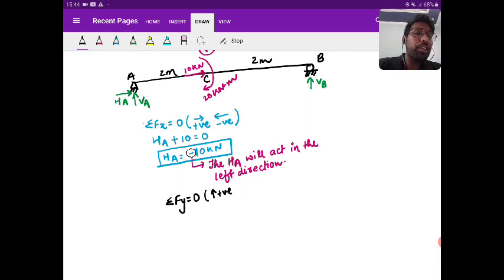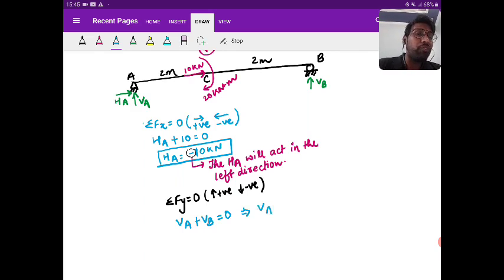Upward positive, downward negative, let us say. So you can see that moving left to right, first there is an upward force of VA, and throughout the member AB there is no vertical force. Then you reach B, then you add VB, and this is equal to 0.